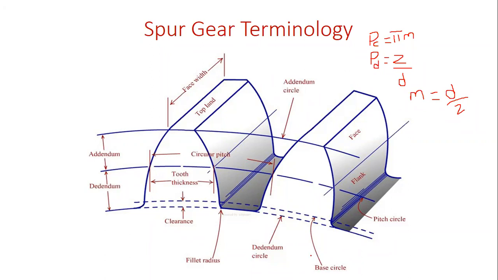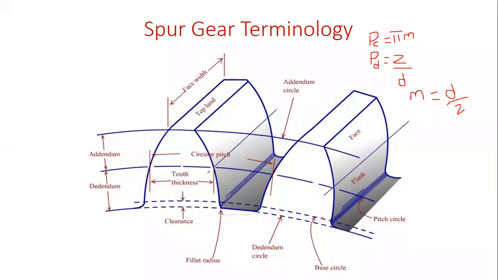And the next one is base pitch. Base pitch is the distance measured along the base circle. Here you can see that this is the base circle.